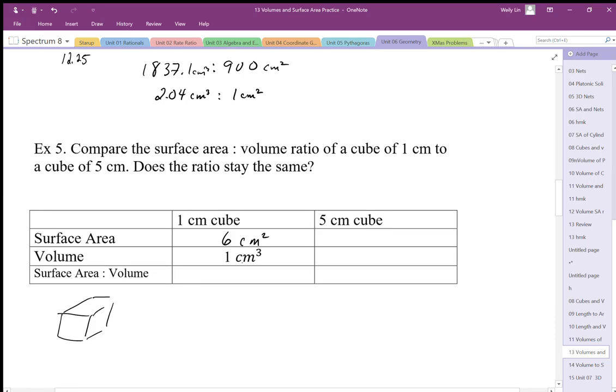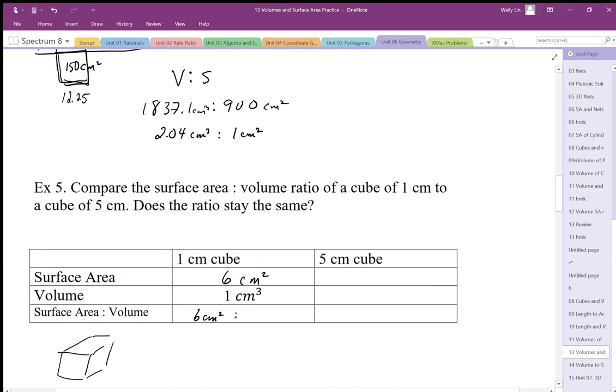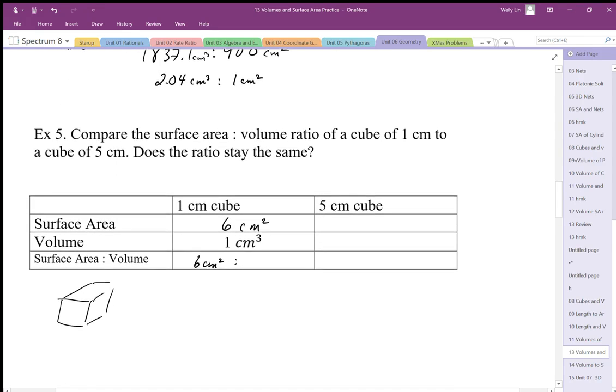And there's only one cube there, so the surface area to volume ratio, this time I'm going to write the surface area to volume, so surface area of 6 centimeters squared. Okay, the other one was the other way around, the volume to surface area, but the surface area to volume here is going to be 6 centimeter squares for every 1 centimeter cube of volume. Okay, so for 1 cube, there's 6 centimeters of surface.